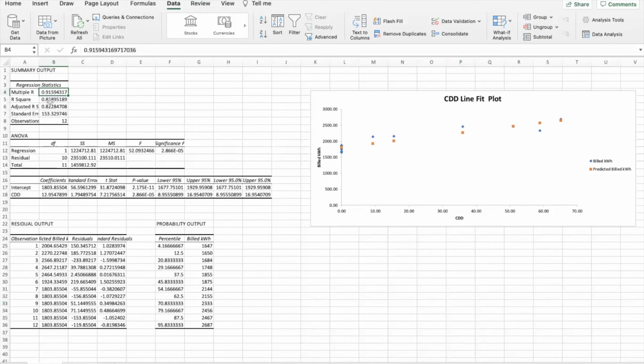Another parameter is R square. R square, we also call the coefficient of determination. That is a kind of variance, the variation.